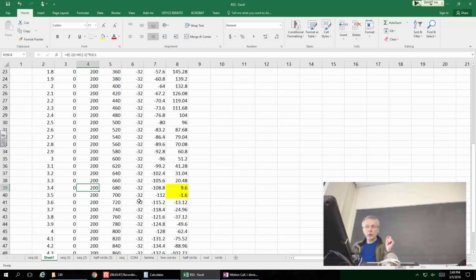The horizontal is still 200, as expected, and actually this number is probably better. I think we just take this one. So as you can see, negative 112 is our vertical velocity.